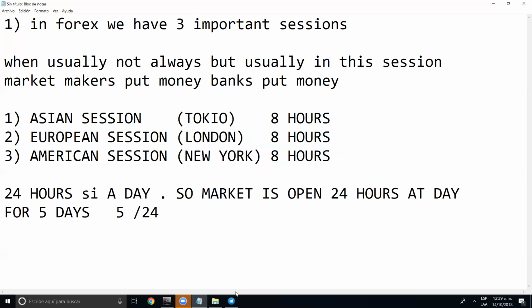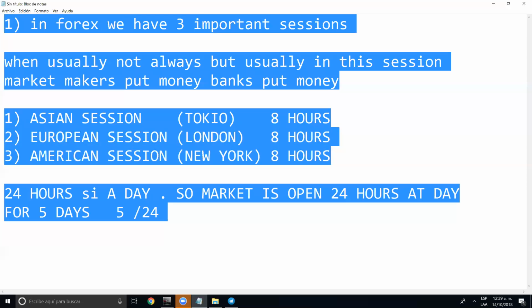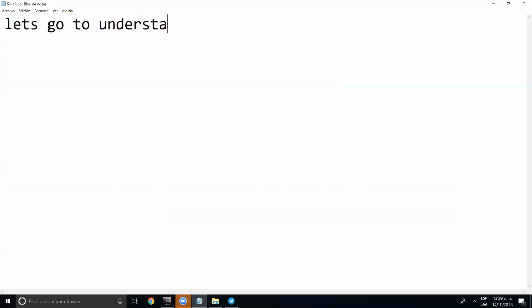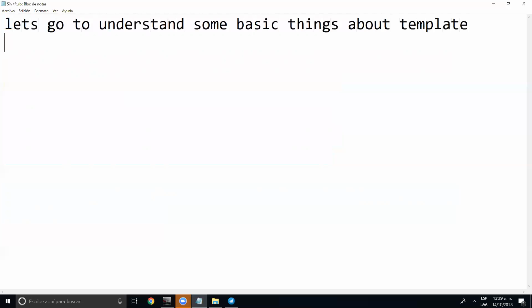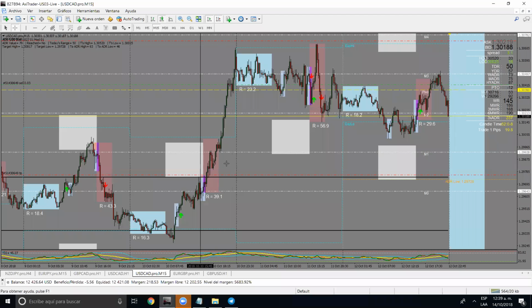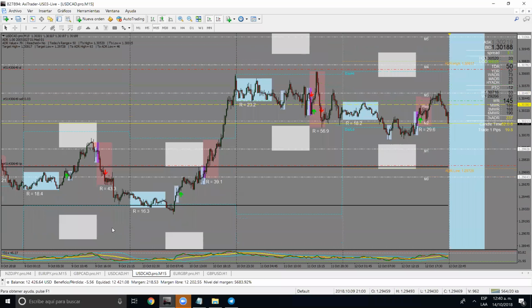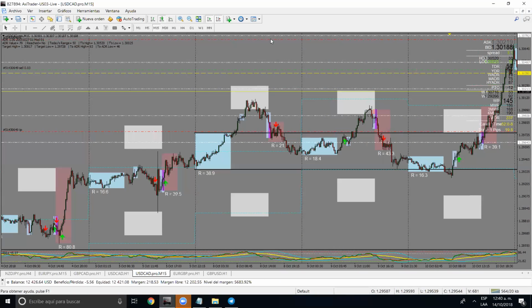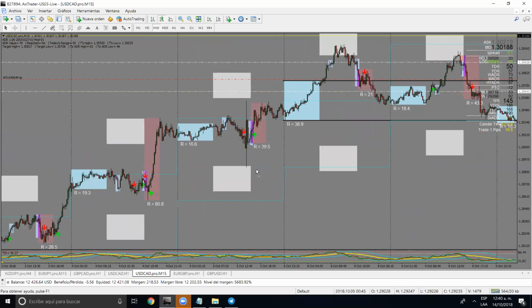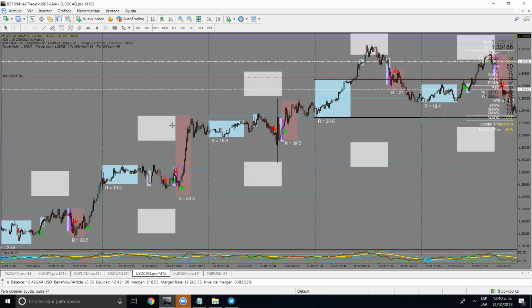Okay. Now let's go and understand some basic things about the template from the market maker method. Here we have the template separated by the period from date, and now we have some boxes. Okay, you can see a lot of boxes here, but the most important boxes are these. In the first one you have the blue box.